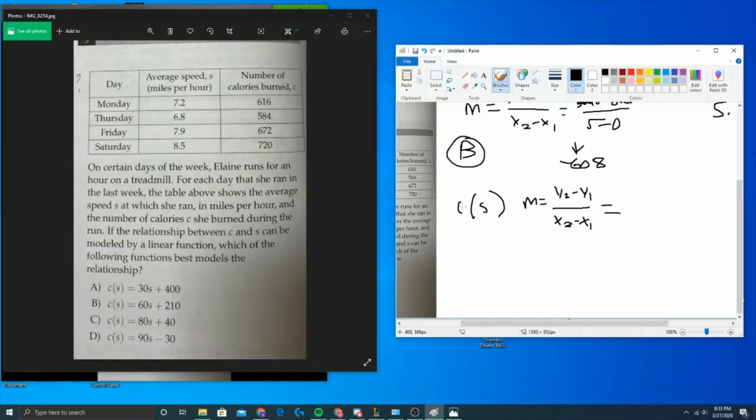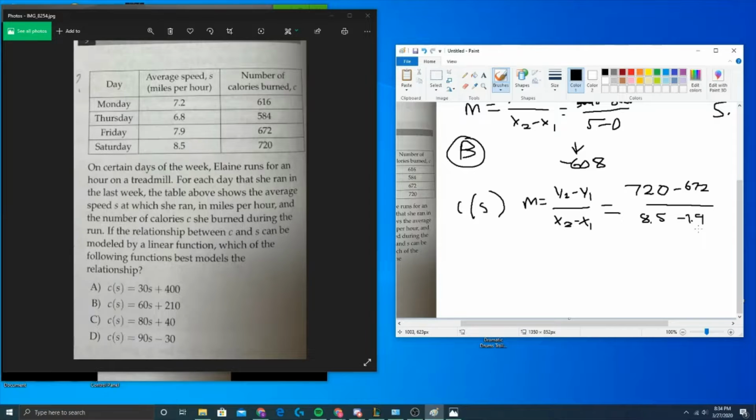C is the dependent variable. So C, 720 over 672 over x2, 8.5 minus 7.9.